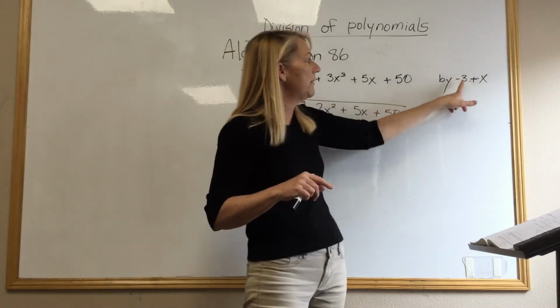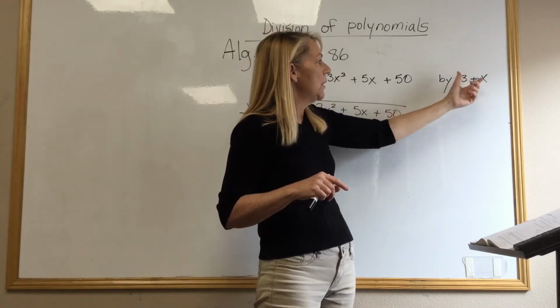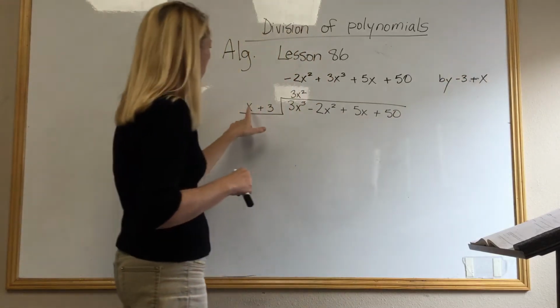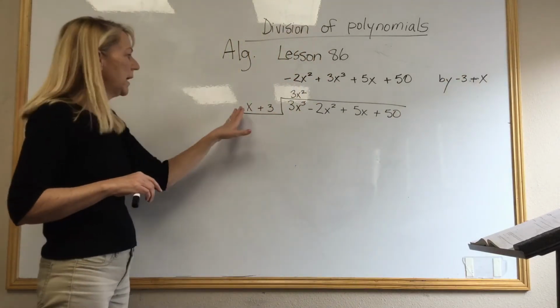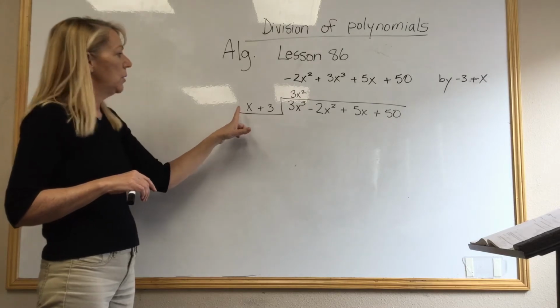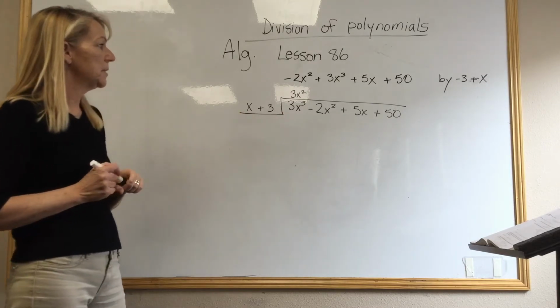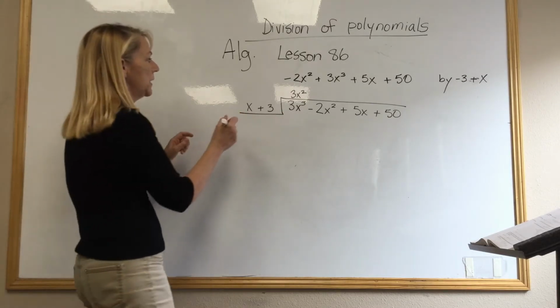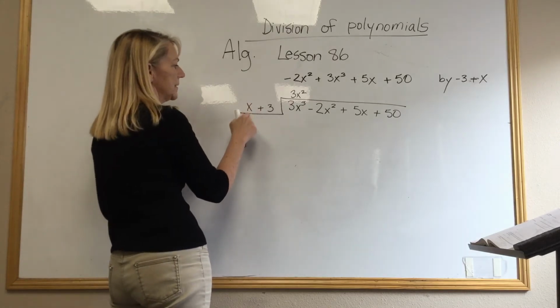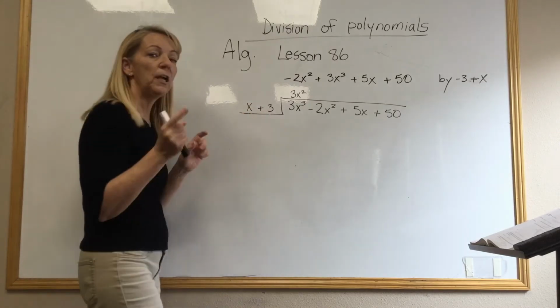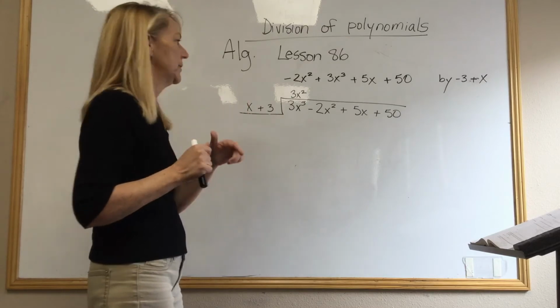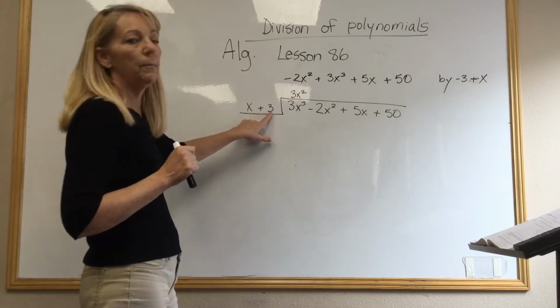And then instead of writing it negative 3 plus x, we inverted it and put x plus 3. You want the variable first when you are doing these problems. And so what you're doing is you're looking at this x. The 3 is kind of like his friend that's coming along for the ride, is how I always say it. So don't worry about that.